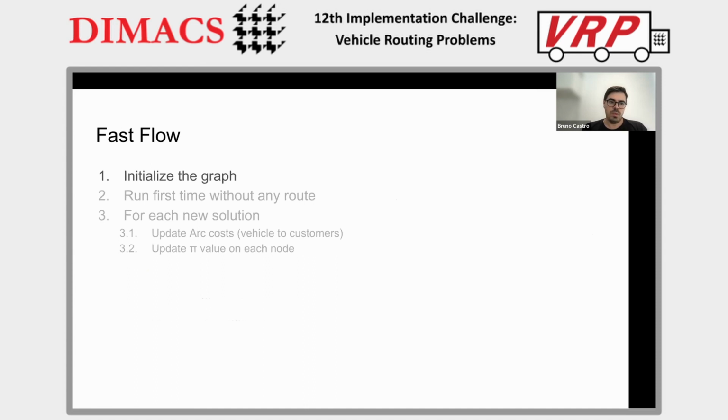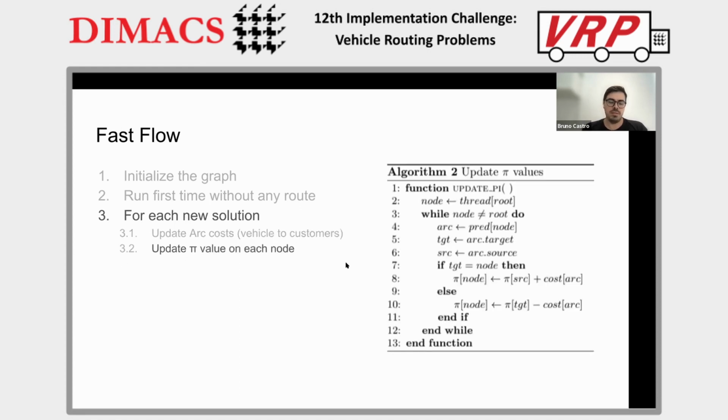And how we did it is quite simple. We initialize the graph. We run a first time without any route. And for each new solution during our local search, before running the network simplex, we update the arc costs, only the vehicle-to-customer arcs, and we update the dual variables in a simple way: we go through the whole spanning tree, updating the dual variables.